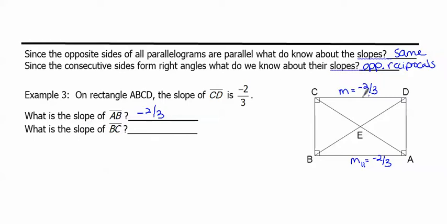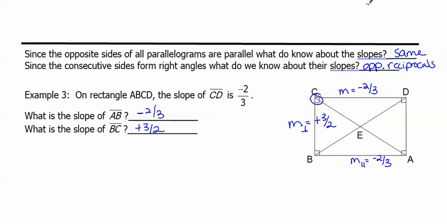Now it says, what about the slope of BC? Well, because this is a right angle, this is perpendicular. Symbol for perpendicular looks like this. These slopes are negative, so the perpendicular is going to be positive, and I'm going to flip that fraction. So I get a positive 3/2. So now we understand what's going on with the right angle.